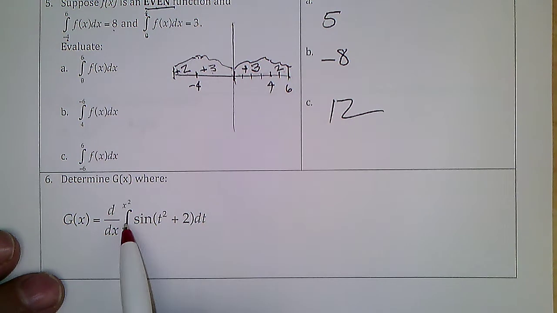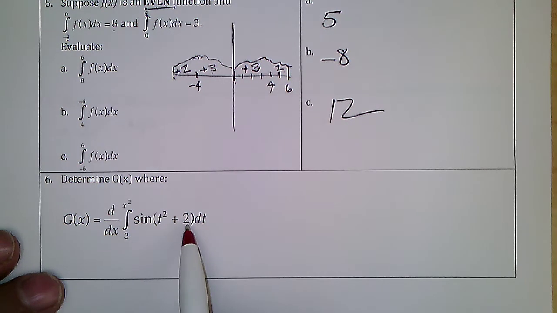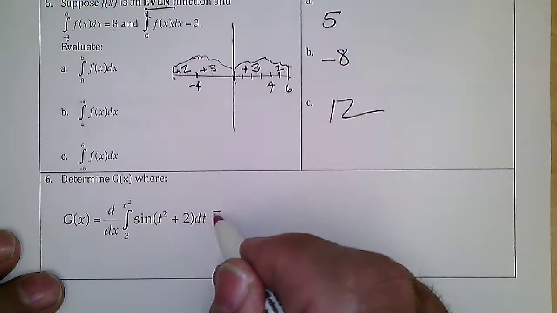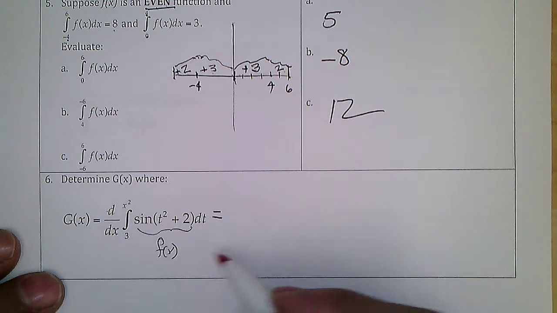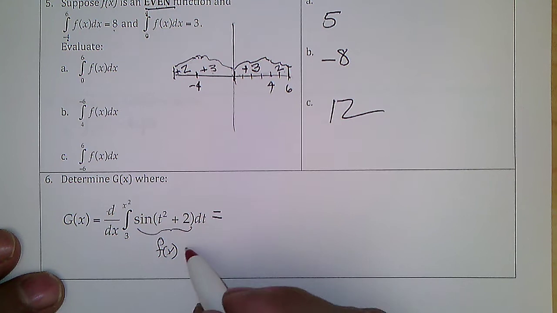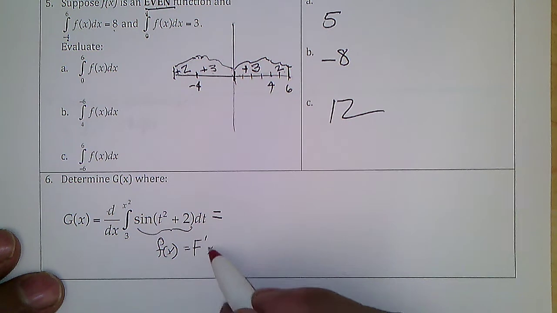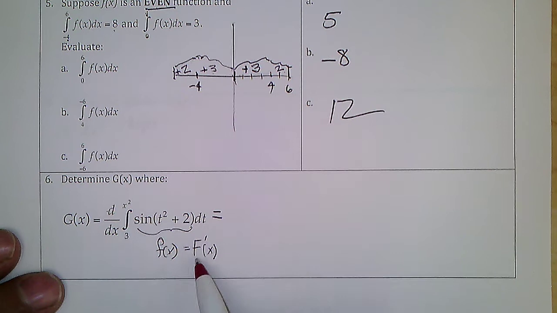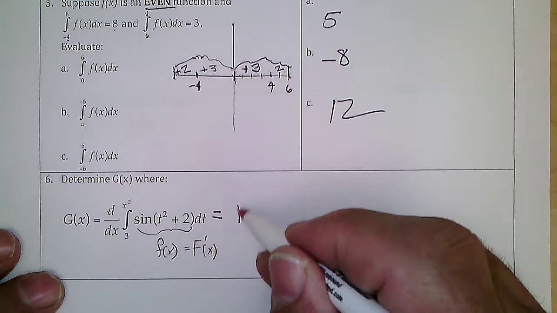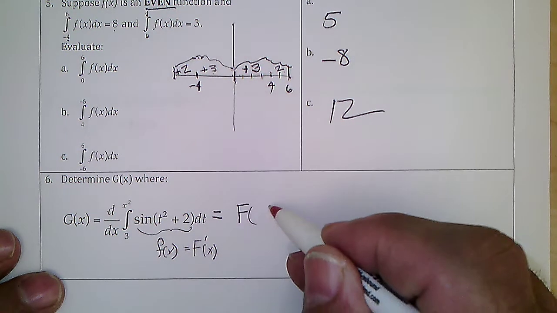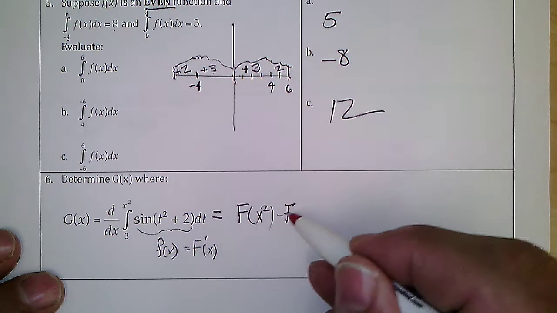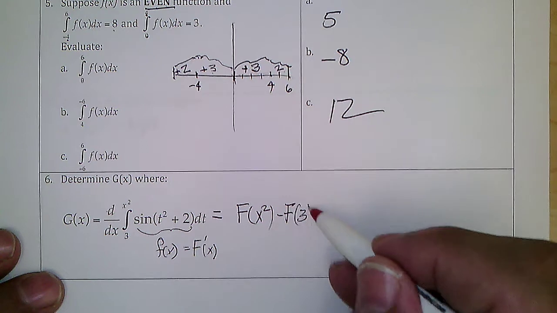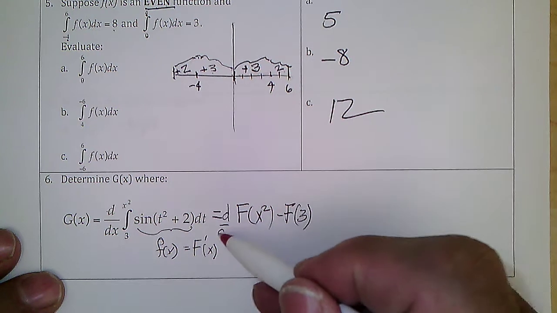The temptation is to try to integrate this. Please don't, because we're going to take the derivative. Now, if this is small f of x, which is the derivative of capital F of x, then when I integrate this, I'm going to get capital F of x that I have to evaluate between 3 and x squared. So I'm going to have F of x squared minus F of 3. But then I have to take the derivative with respect to x.